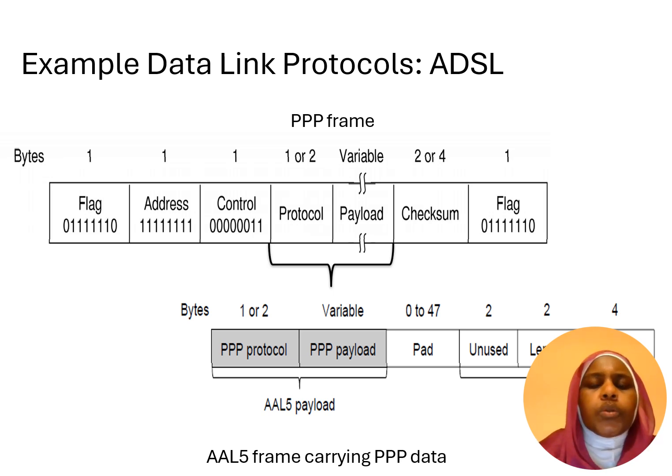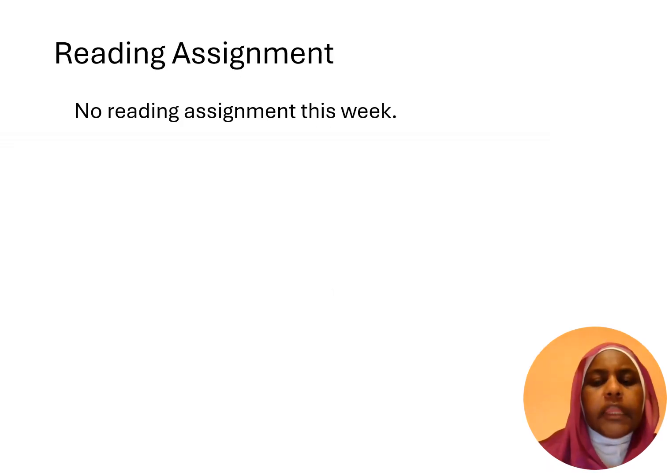And the address and control fields, as we have said before, are both fixed and can be negotiated to be dropped. So we will drop them. The checksum is not needed because ATM adaptation layer 5 has its own checksum. So only the protocol and the payload fields are included in the payload of the ATM adaptation layer 5 frame. This is all for today.